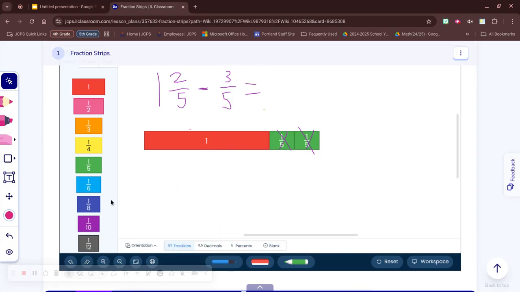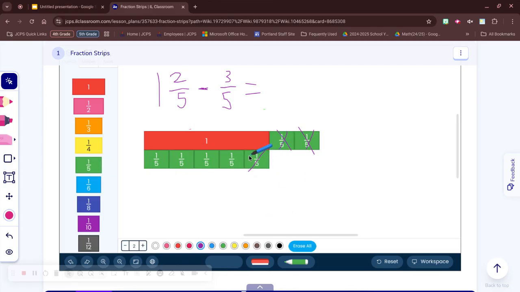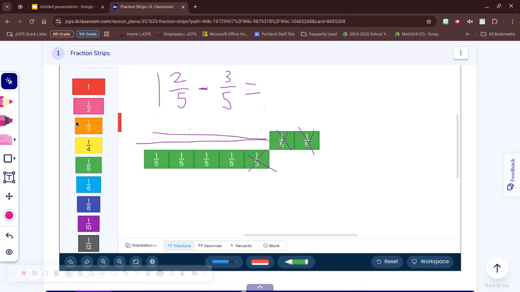Well, how many fifths are in a whole? 1/5, 2/5, 3/5, 4/5, 5/5. Now I have another piece to take away, and since this was traded in, I don't really want to do that. What do I have left? I have these 4/5 pieces left.